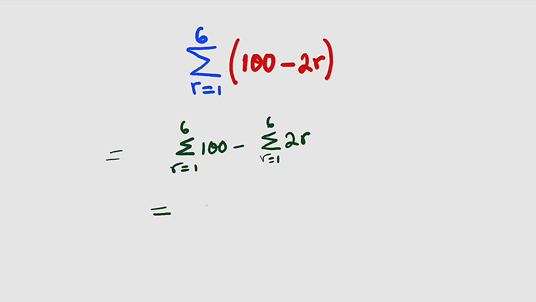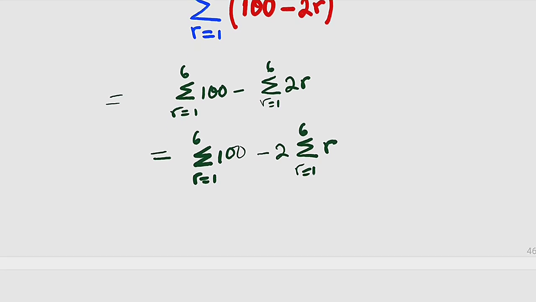So this is the same thing as the summation of 100, which is a constant, r from 1 to 6, minus 2 multiplied by the summation of r from 1 to 6. So now we can apply the formula.